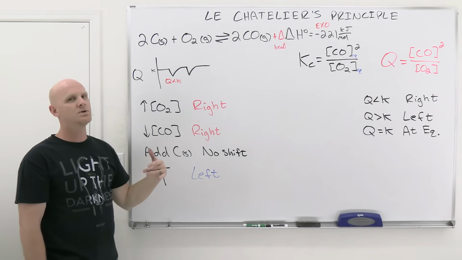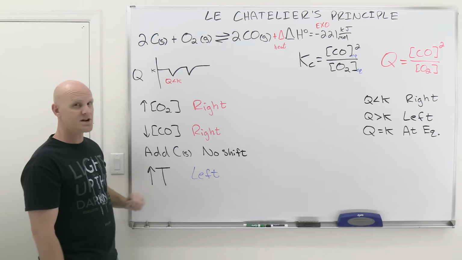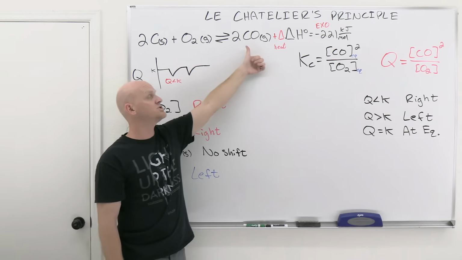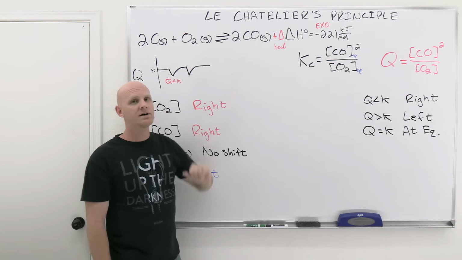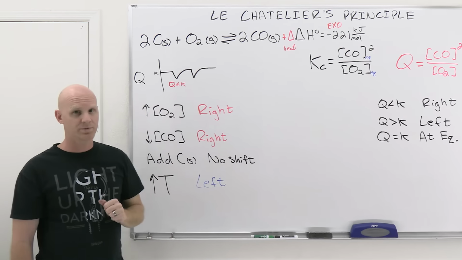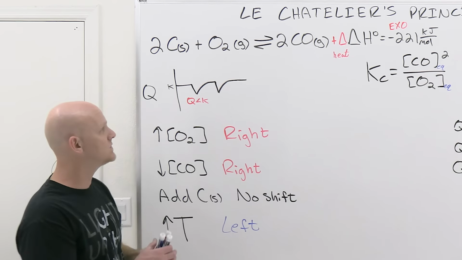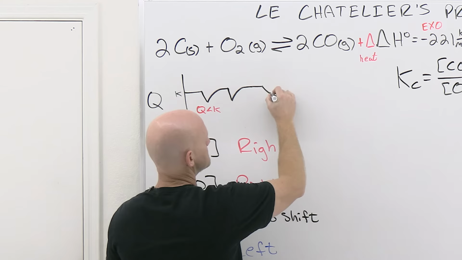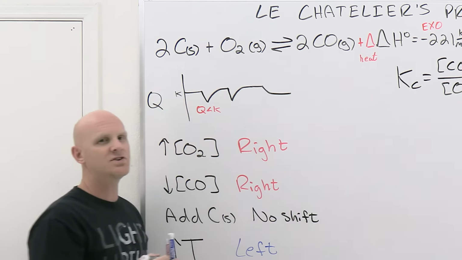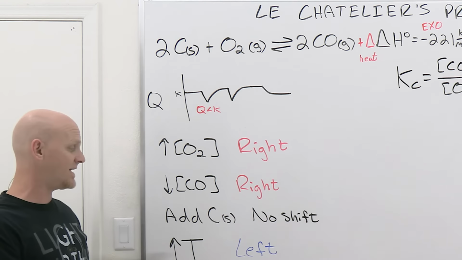Well, that means you're going to establish a new value for the equilibrium constant when you change the temperature. And if you shift left, you're going to end up in a situation where you have more reactants and less products than the old equilibrium constant. And so more reactants, less products, that's a lower value for the equilibrium constant. And so what we're going to find is that we've just established a new equilibrium constant for this new temperature, this higher temperature.